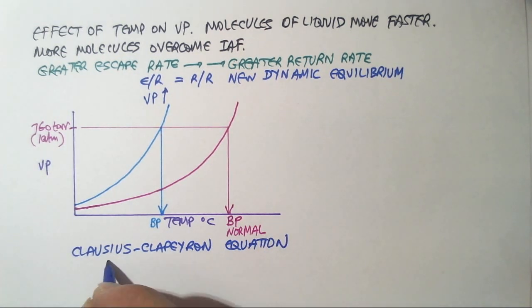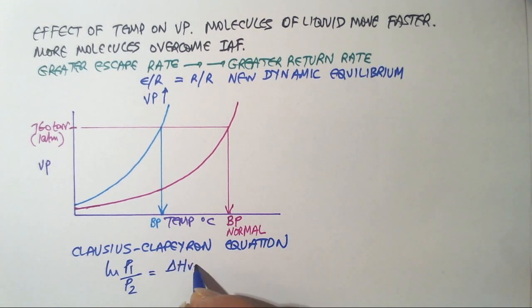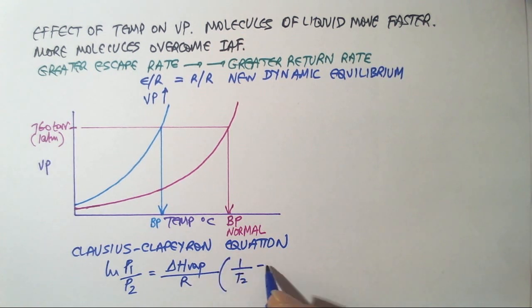The natural log of pressure 1 over pressure 2 is equal to delta H of vaporization, in other words, the enthalpy of vaporization, divided by R, the gas constant, times 1 over T2 minus 1 over T1. And these, of course, are the two temperatures. The temperatures have to be in Kelvin.